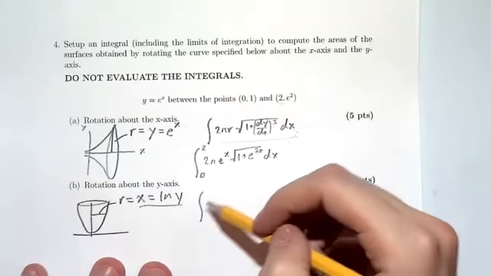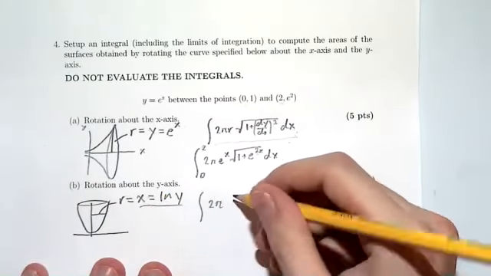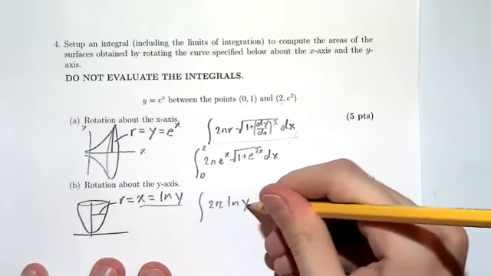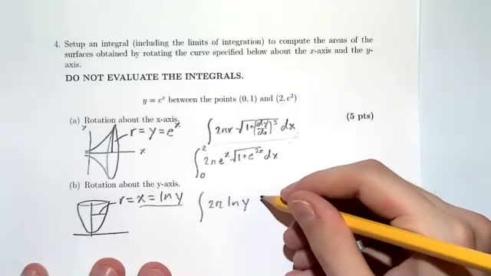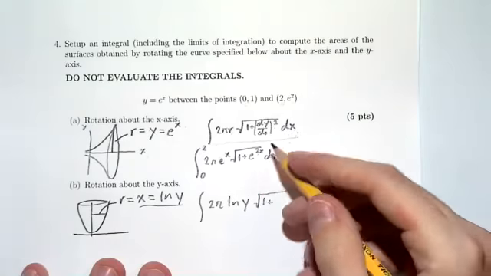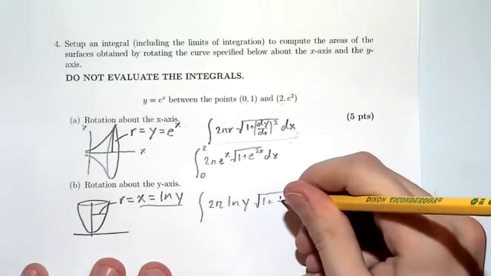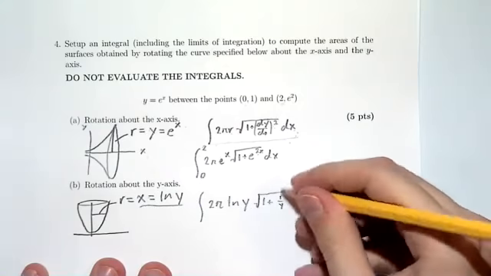So here we can do 2 pi, and then our r is natural log of y, times the square root of 1 plus, and now we take the derivative of this with respect to y, which is 1 over y, and then square it.